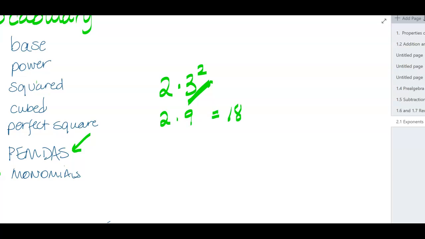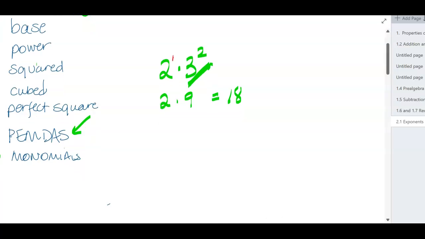And as you can probably tell, if you do the 2 times 3 first, then that would be 6 squared, which is 36. Not even close. So please understand that whenever they do not give you an exponent, you can assume it's 1. That's 2 to the first times 3 squared. 3 squared is 9 times 2 is 18.